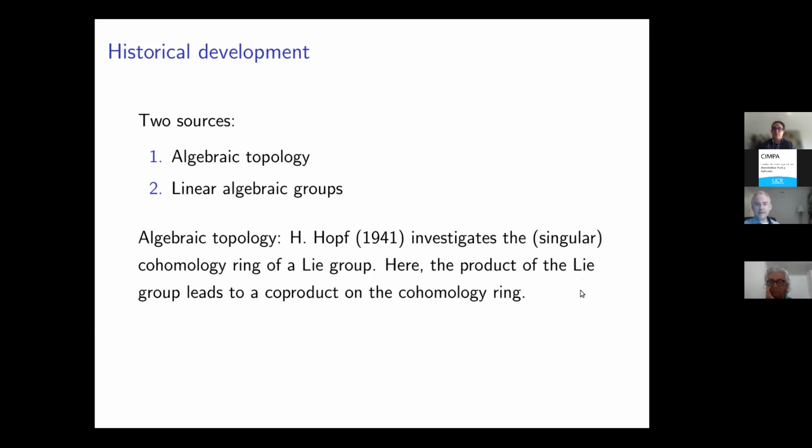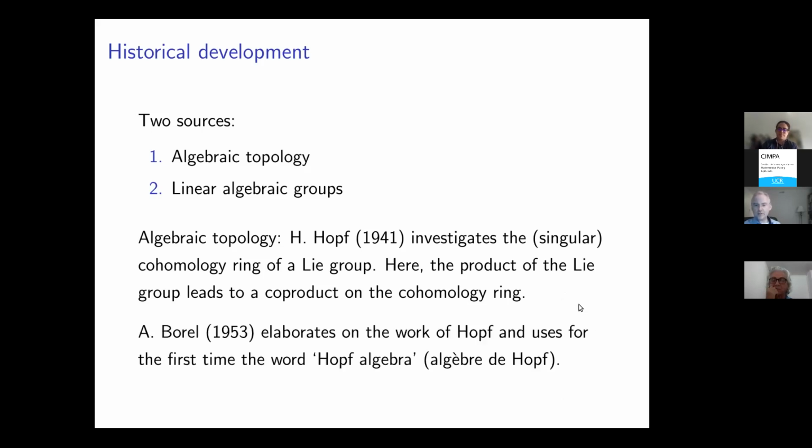And then he saw that the product on the Lie group leads to a corresponding coproduct on the cohomology ring. So the cohomology ring of a Lie group has an additional structure element over the general cohomology ring, namely a coproduct.